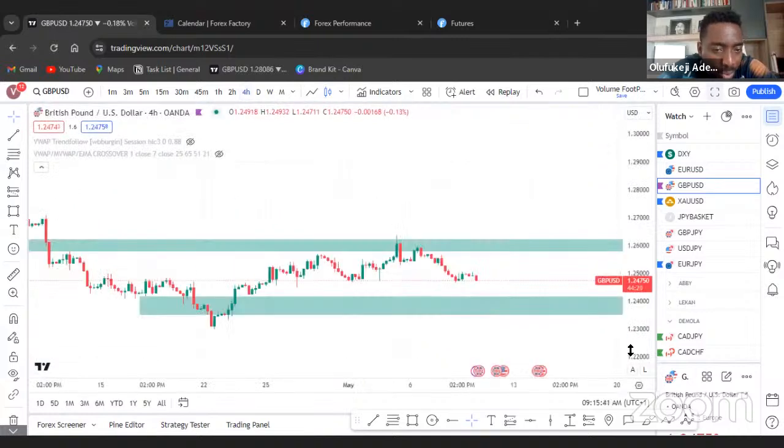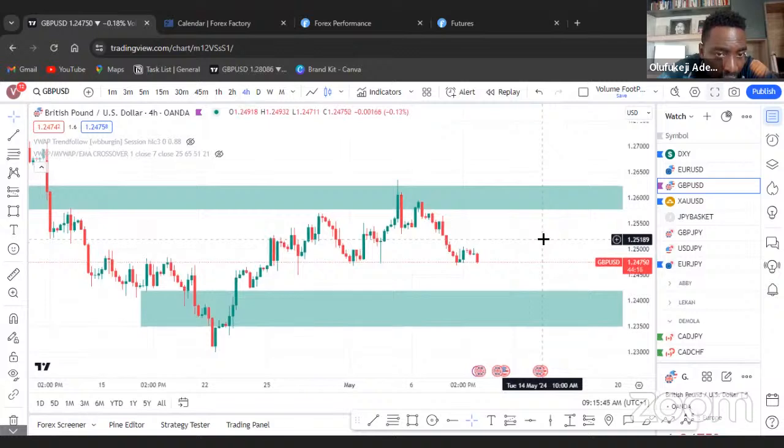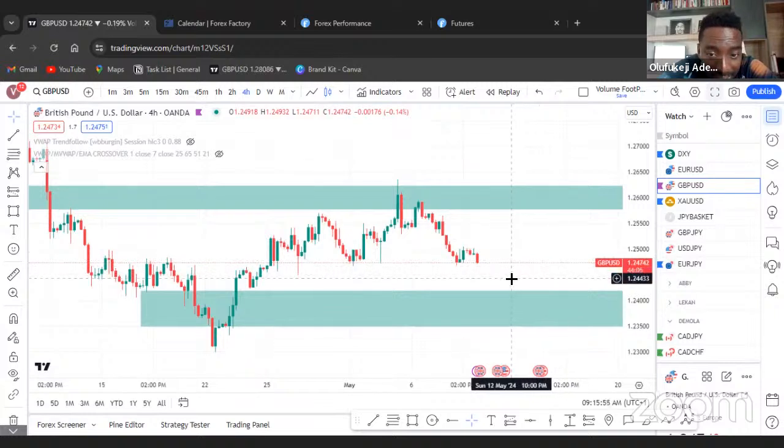But remember, we said dollar wants to strengthen across the board. So that's a shoulder. It's coming down now for a break inside that same range that we have seen. That's a shoulder. So this will now be a break of structure to the downside.